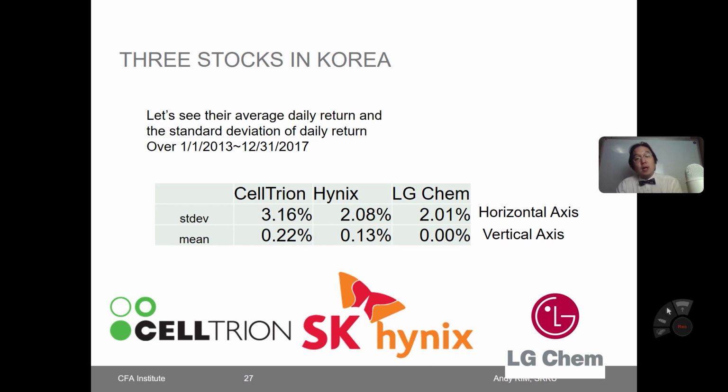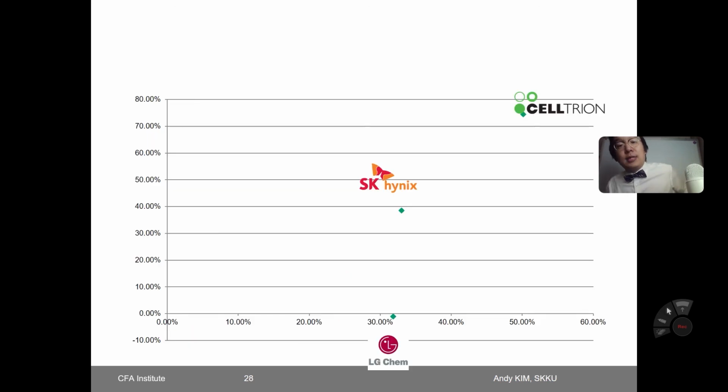And these standard deviations of return will be shown on the horizontal axis, just like before, and their mean return or expected return will be shown on the vertical axis.